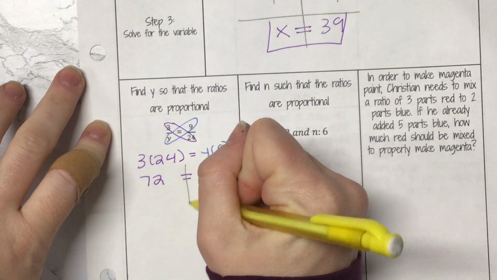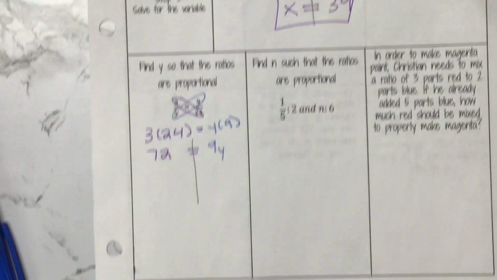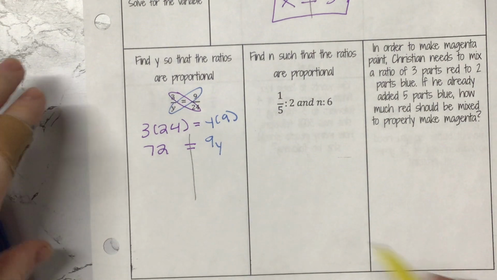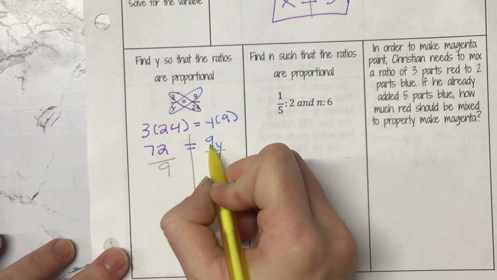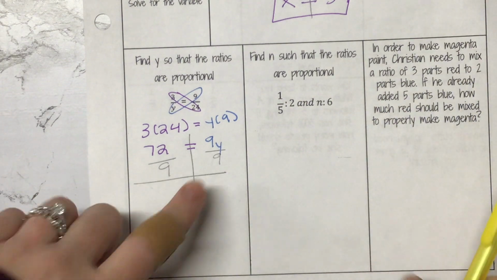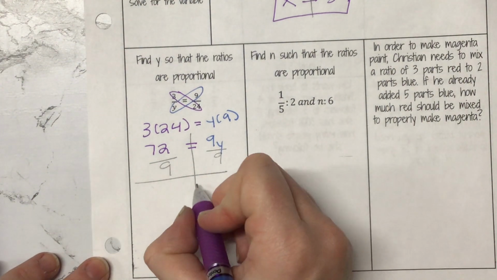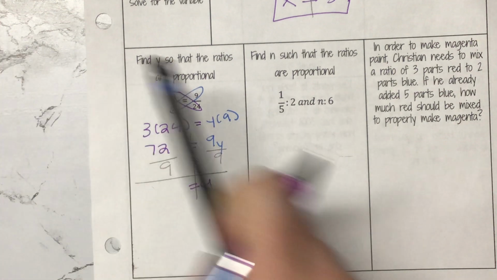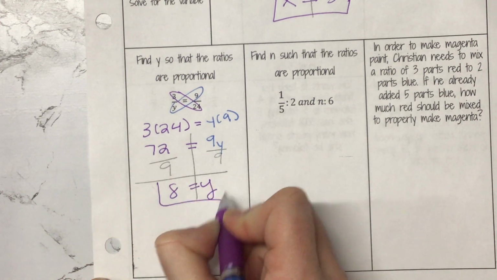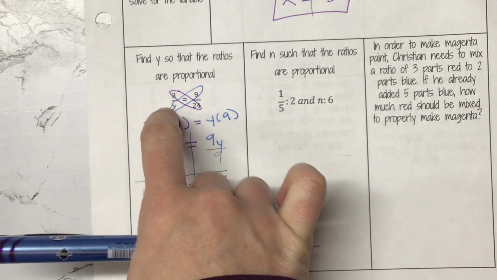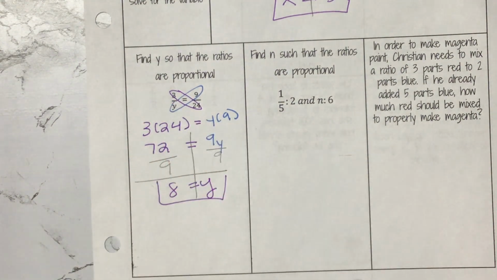I draw a line through the equal sign. Right now I have 9 times y. To undo multiplication, I'm going to divide by 9. 9y divided by 9 is just 1y. 72 divided by 9 is 8. So if instead of y, I put 8 back in there, it'll work. And I'll show you how to check.